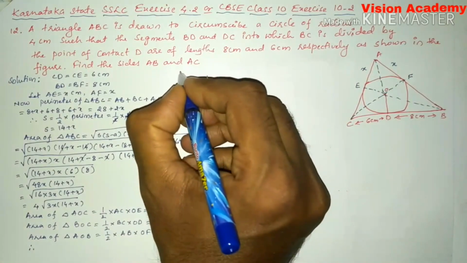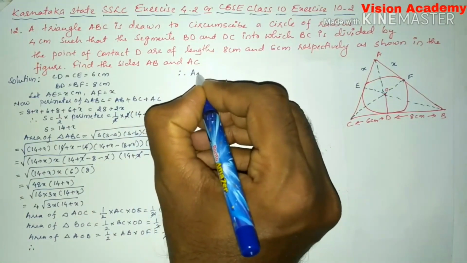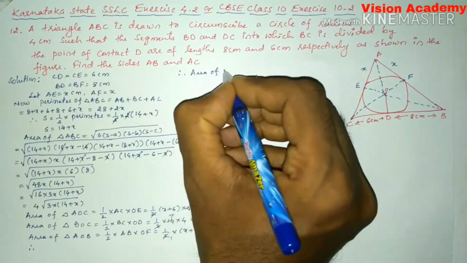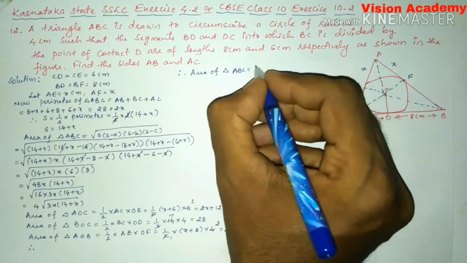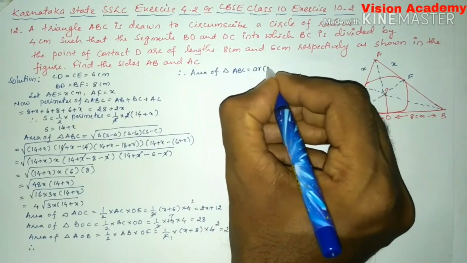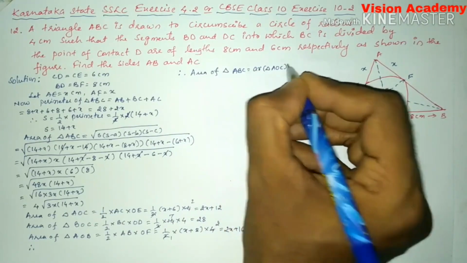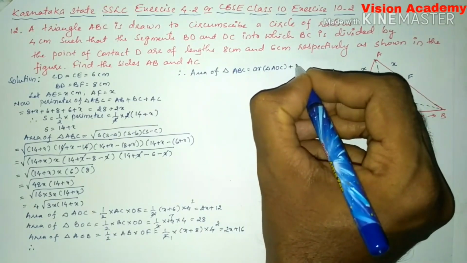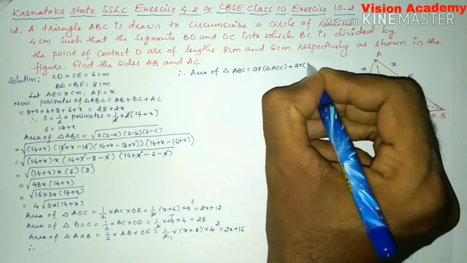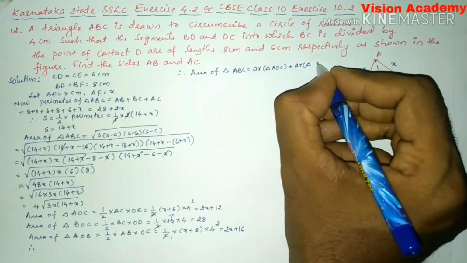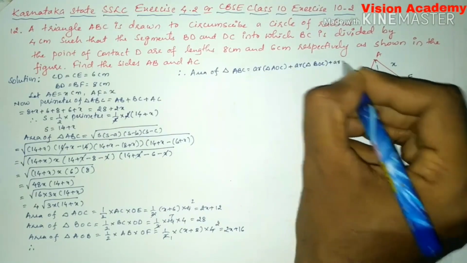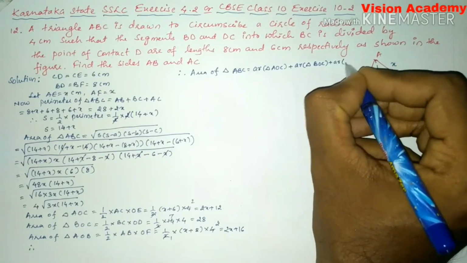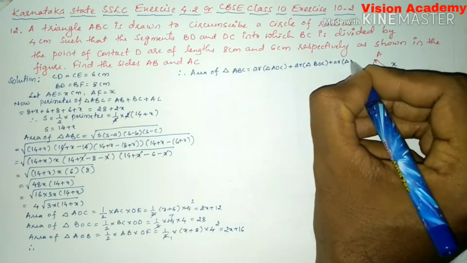So here we'll write, therefore, area of triangle ABC is equal to area of triangle AOC plus area of triangle BOC plus area of triangle AOB.